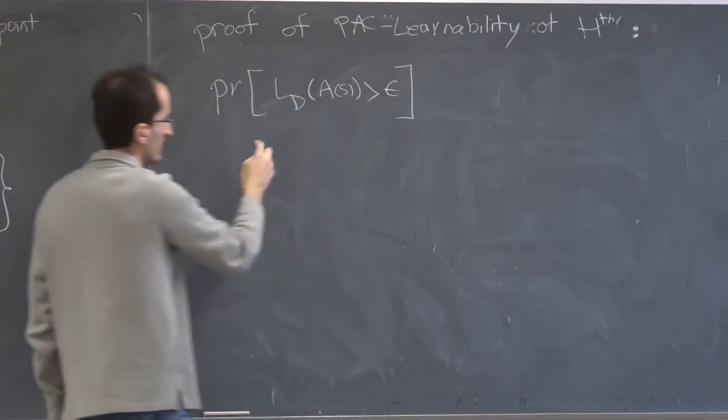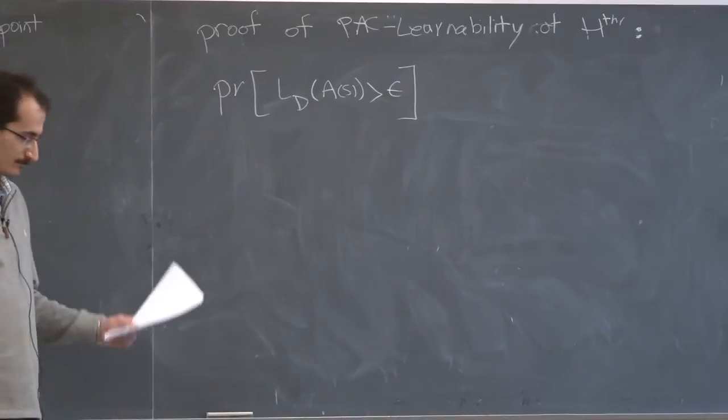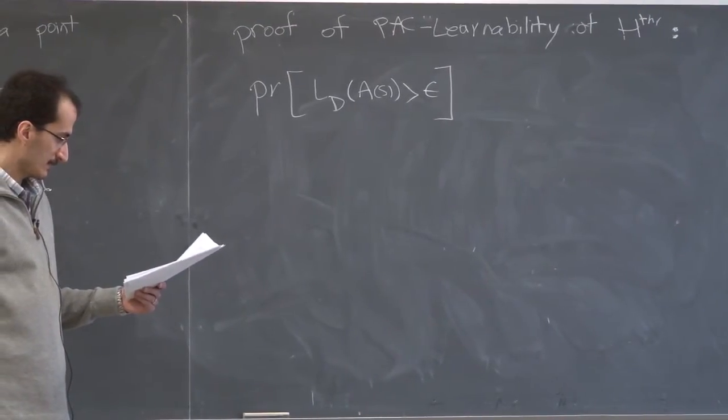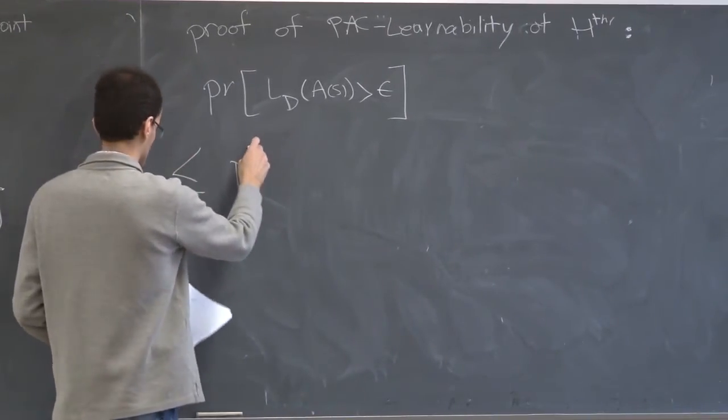We want to bound the probability that we will fail by epsilon. And we can write it like this.